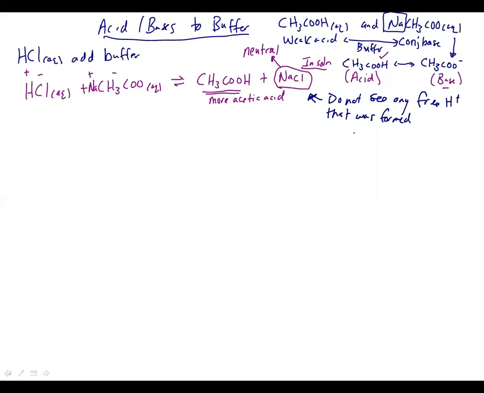And again, it's the free H plus that really affects the pH. So because there was no free H plus formed, that should mean that the concentration of H plus will remain relatively constant.